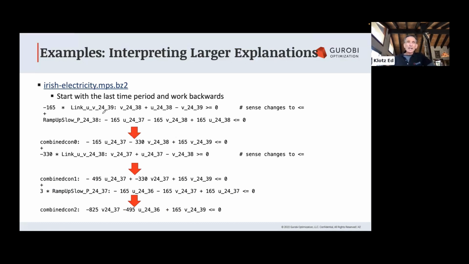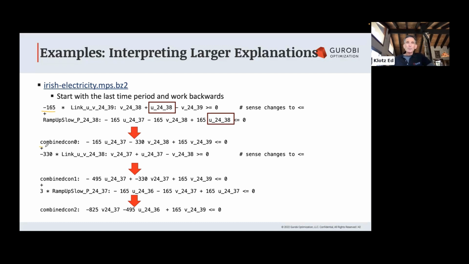So I start with the last time period, and we look at the next constraint over, and what we see is there's one variable in common in the two constraints. So let's eliminate that variable. We multiply the first constraint here by the suitable value, in this case, minus 165, to eliminate this.